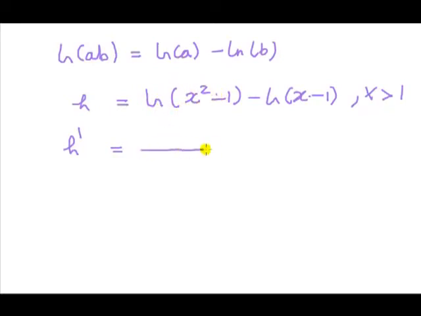So for this one, it's going to be 1 over this, and up here will be the derivative of what's in the bracket here, which is 2x. Same with this one, minus x minus 1, derivative of this thing, there. So by using the logarithm of a product, we can break it down into simpler components, in which it's easier to find the derivative. Alright?